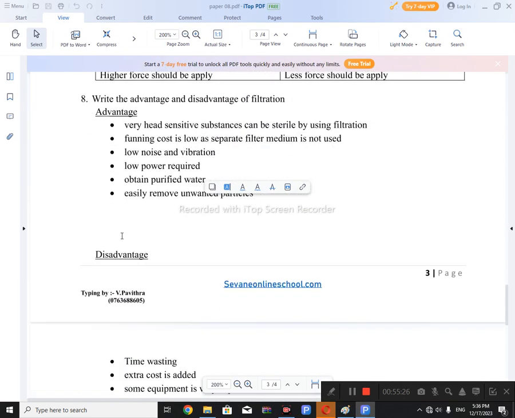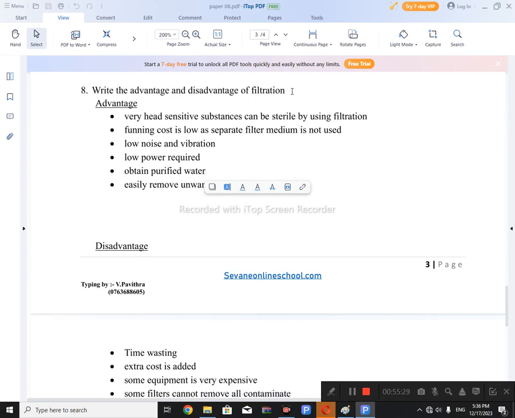Write the advantage and disadvantage of filtration.